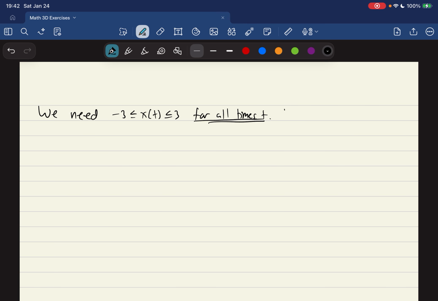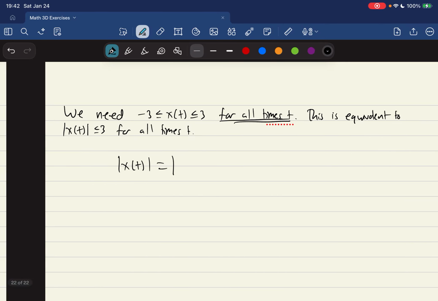Now notice this is equivalent to, just from properties of the absolute value, the absolute value of x of t being less than or equal to 3 for all times t. But what is the absolute value of x of t?